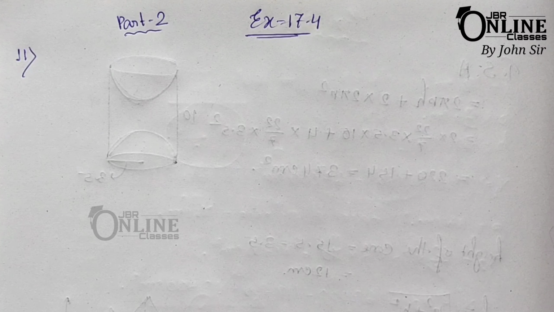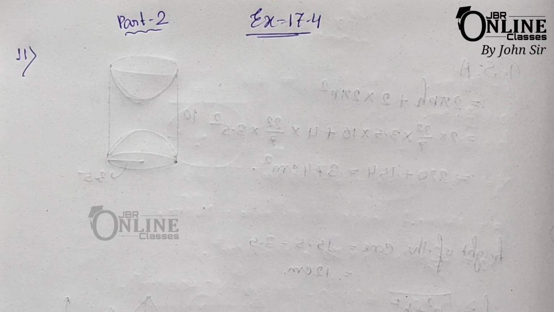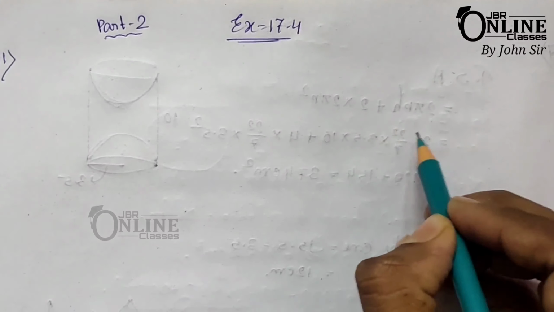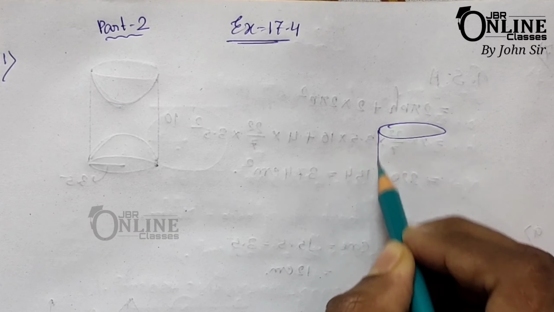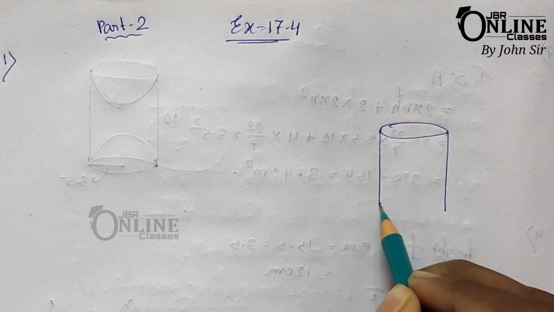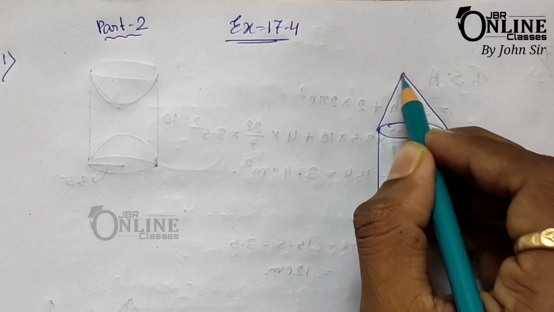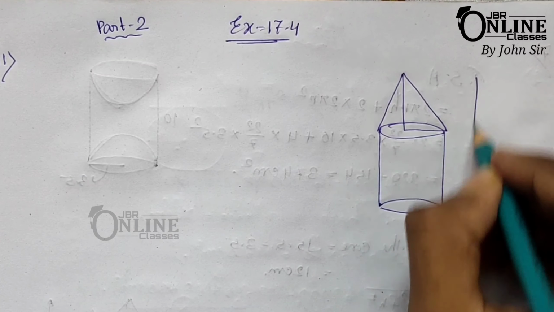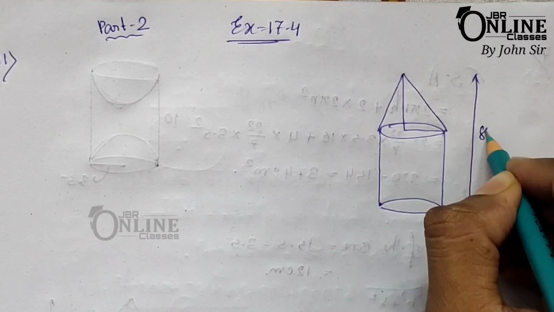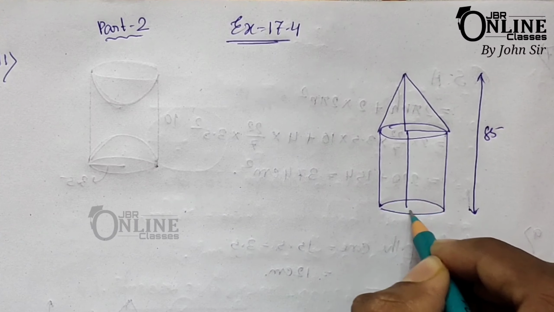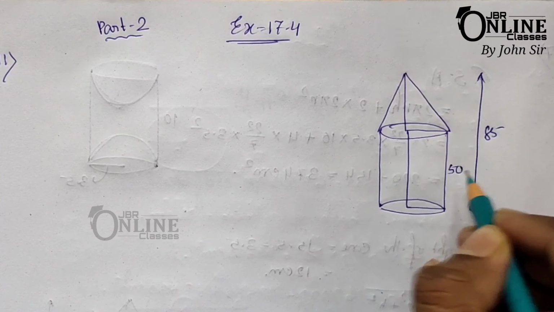So in 11, an exhibition tent is in the form of a cylinder surmounted by a cone. The height of the tent above the ground is 85 meter and the height of the cylinder part is 50 meter. Okay, so suppose this is the cylinder, and it's surmounted by a cone, and the total height here, that is 85 meter, is given, and the height only in the cylindrical part is equal to 50.